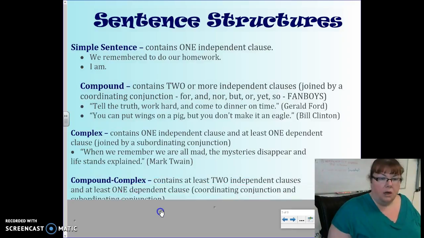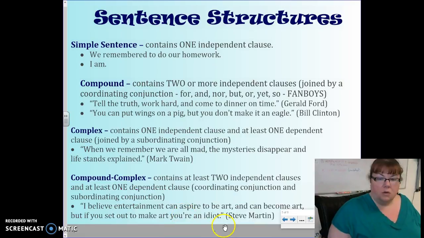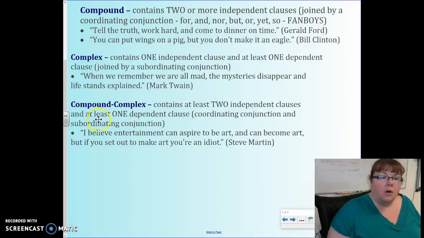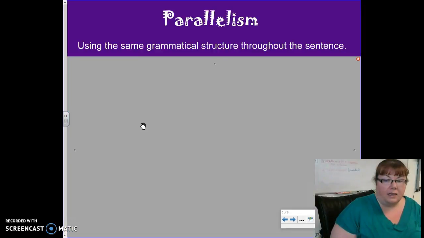And then the last type we have is compound-complex, which contains at least two independent and at least one dependent. It has the coordinating conjunction and a subordinating conjunction, so you're looking for two different things here. Now on your test on Friday, you will have a couple of these, and part of your homework is you're going to be working with these as well.